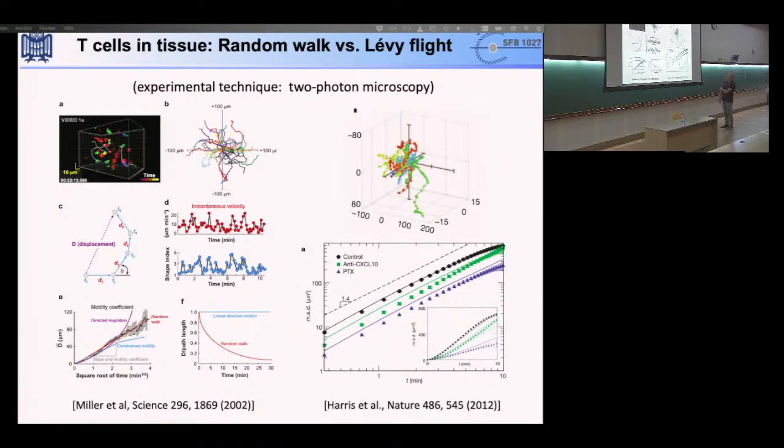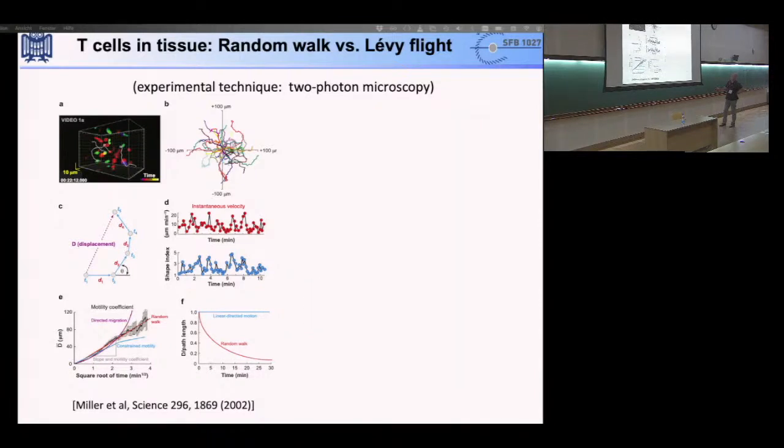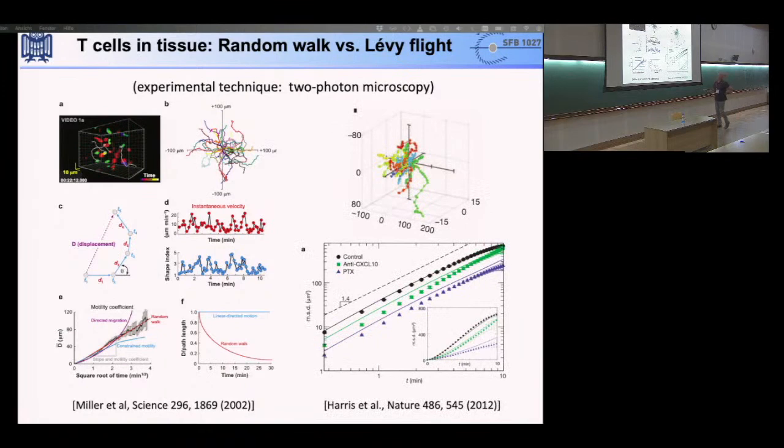And 10 years later, others have done, I think, longer tracks. They plot the mean square displacement as a function of time. So it's a different plot from here. And then they find, over nearly a decade, so be careful with your decades, that this is a log-log plot.